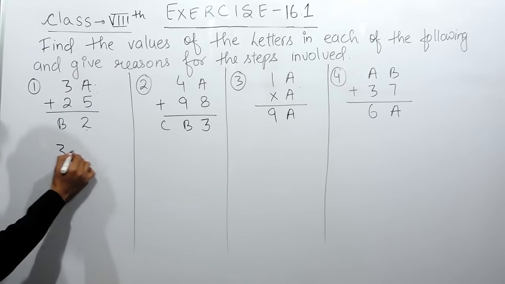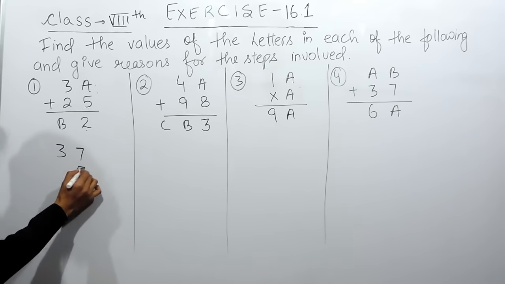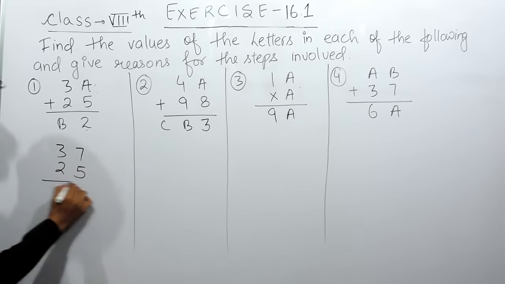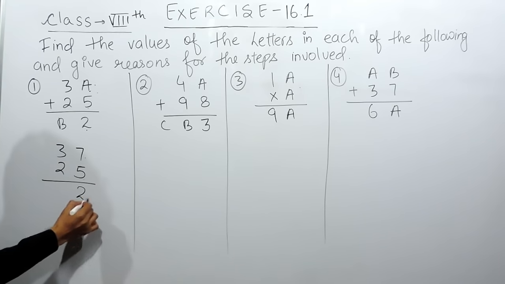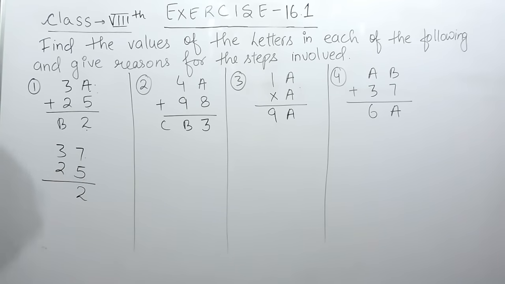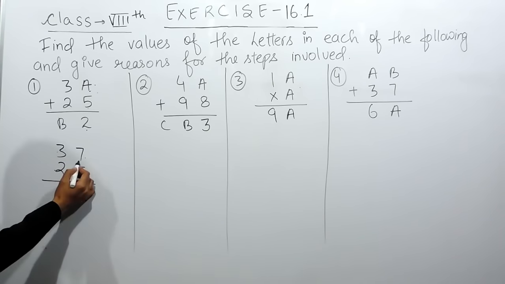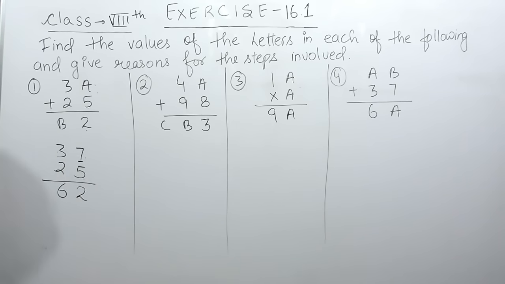So 5 plus 7 is 12, and 1 carry, and 3 plus 2 is 5 and there was a 1 carry, so the answer here must be 62. So here the value of a must be 7 and value of b must be 6.